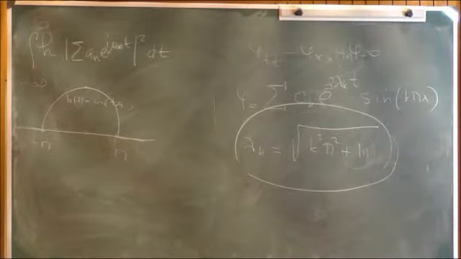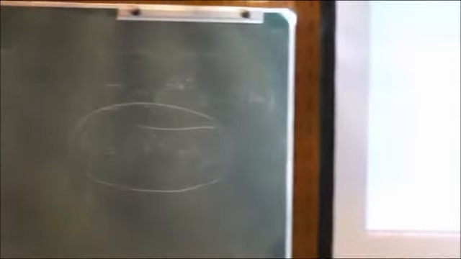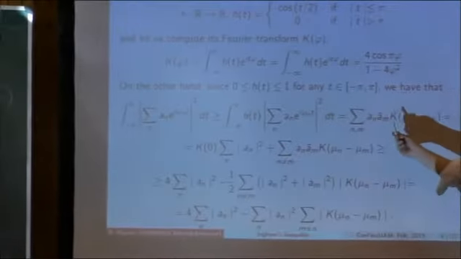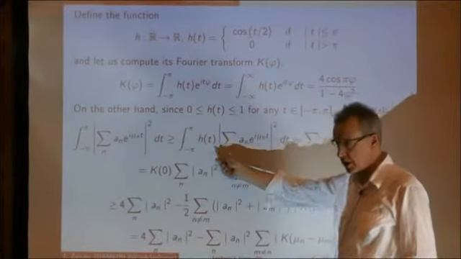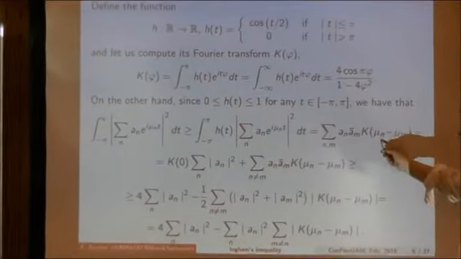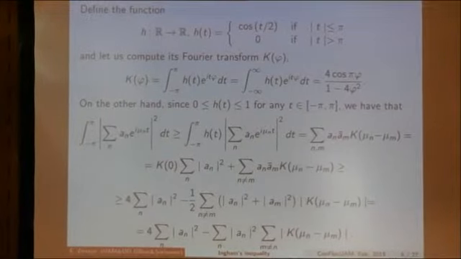I'm losing a little bit. But the advantage now is when I expand this, what I get here is simply the double sum of the coefficients a_n times the conjugate a_m, times capital K, where capital K is the Fourier transform of small h at mu n minus mu m.